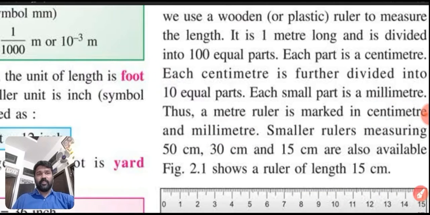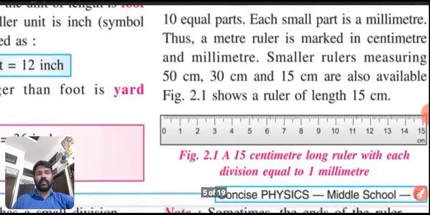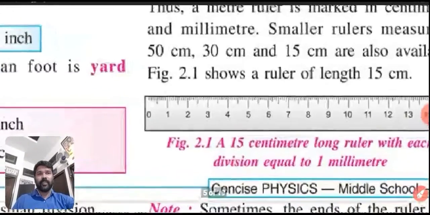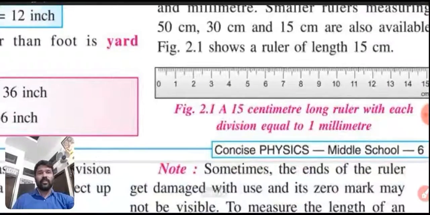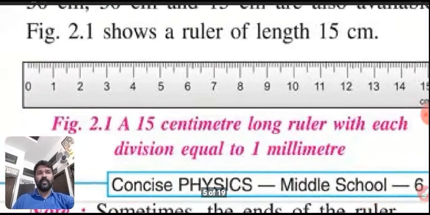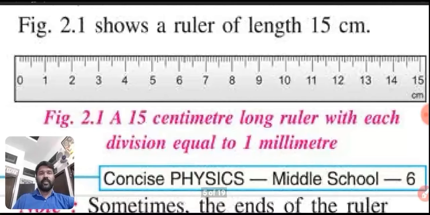Figure 2.1 shows a 15 centimeter long ruler with each division equal to 1 millimeter.